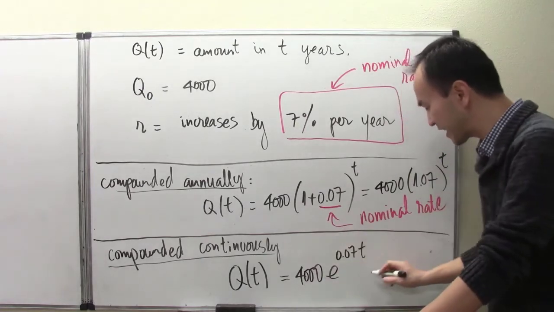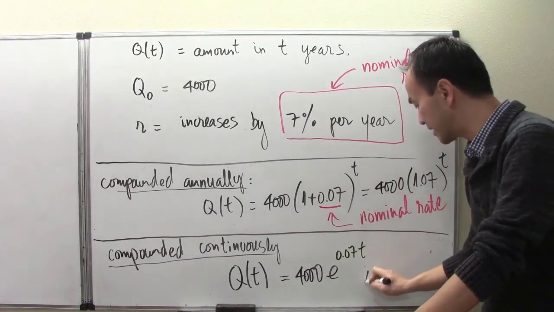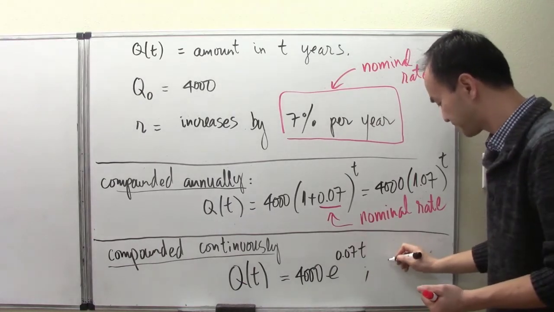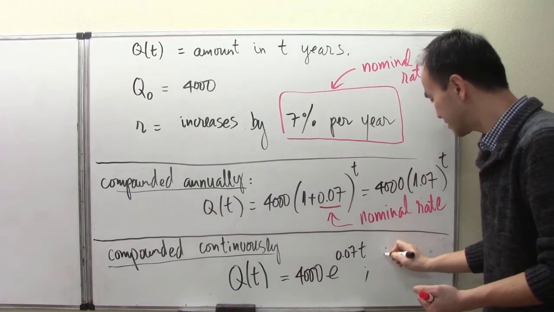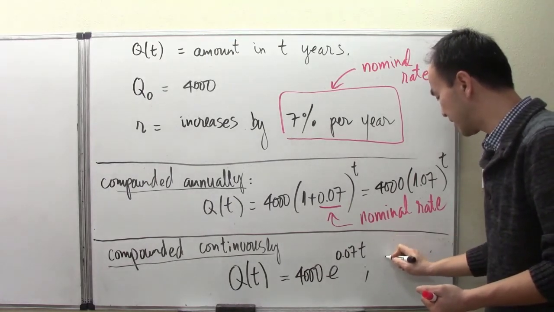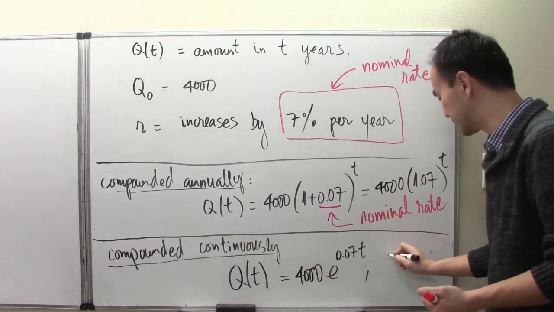From this one right here, we came up with the idea of an APY. At this point in our understanding, APY is the same as an effective rate.